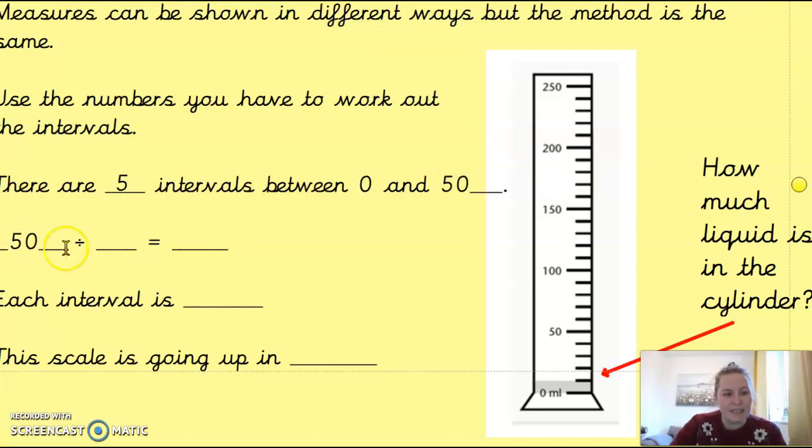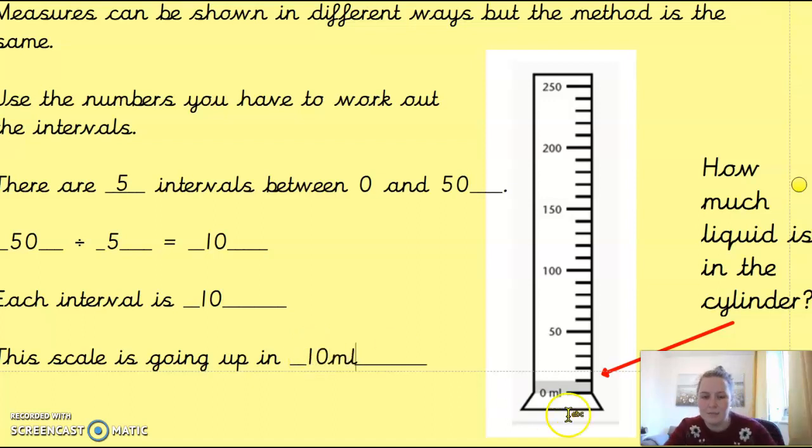So 50 divided by 5 is 10. Each interval is 10. This scale is going up in 10 and it's millilitres because it says that there. So if I'm working out how much liquid is in this cylinder, start at 0, I'm going in tens. 10. So there's 10 millilitres of liquid in that particular cylinder.